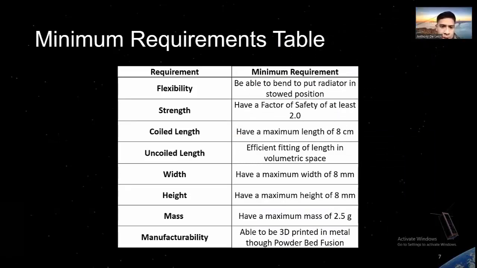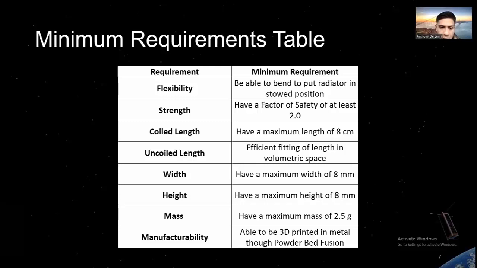As you can see on this slide, the project had minimum requirements in order for the project to be deemed successful. There's a table that shows each requirement: flexibility, strength, coil length, uncoil length, width, height, mass, and manufacturability.